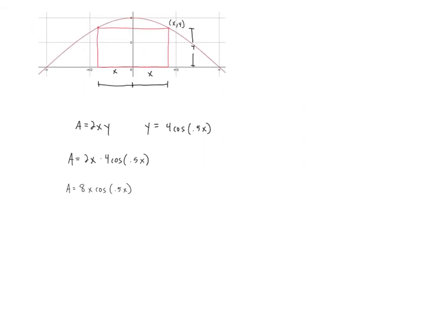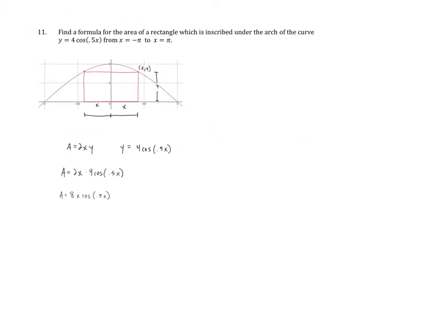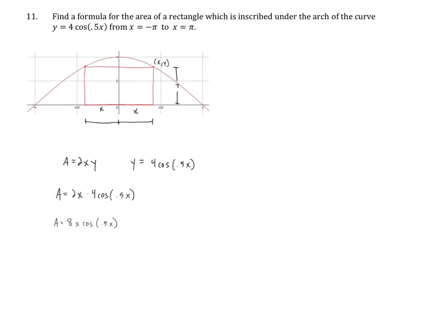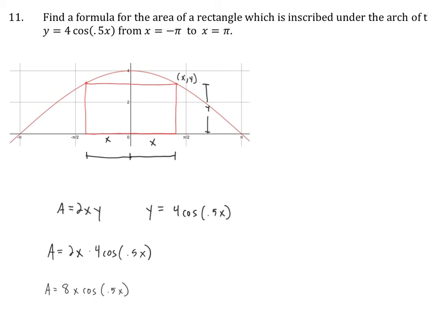Okay, so let's graph this in Desmos now. Oh, sorry, let's find the relevant domain first. The way I did it, the x value is bigger than 0. If it's less than 0, you could still make a rectangle, but it would be a slightly different one. And this distance has to be less than pi. If it was pi, you wouldn't be able to create a rectangle, and greater than pi it wouldn't make sense.